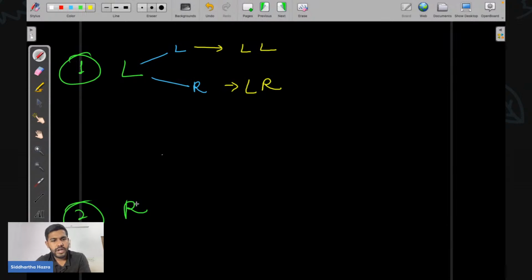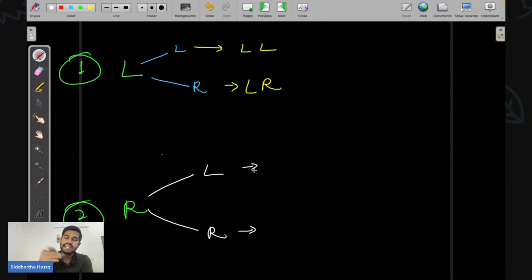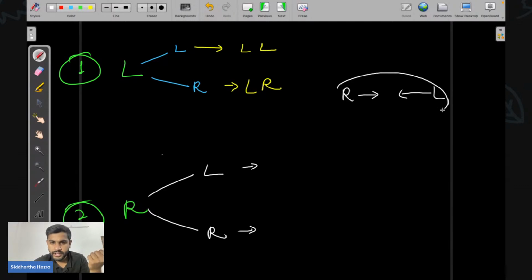Okay. So after right, we can have a left. We can again have a right. So right and left. Right is moving in this direction and left is moving in that direction. So now this would be a collision. So what would happen?